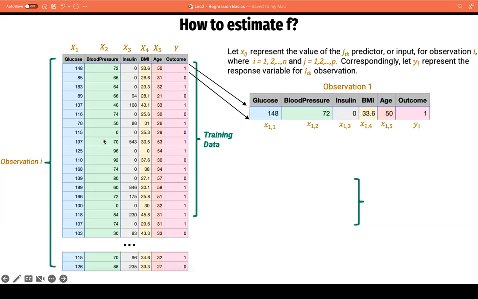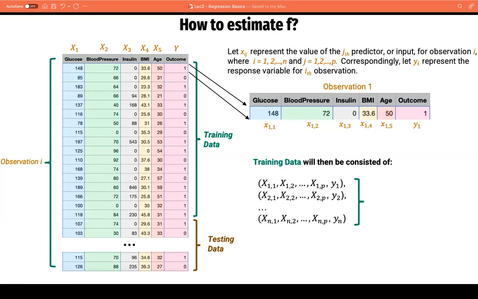Now, we can divide our data into training data and testing data. The training data will then consist of the following. We have observation 1, which may be represented by the notations x sub 1,1 until x sub 1,p, as well as y sub 1, and so on.